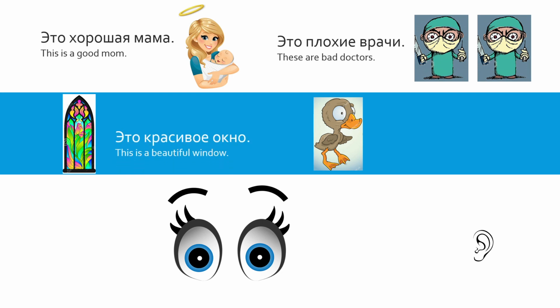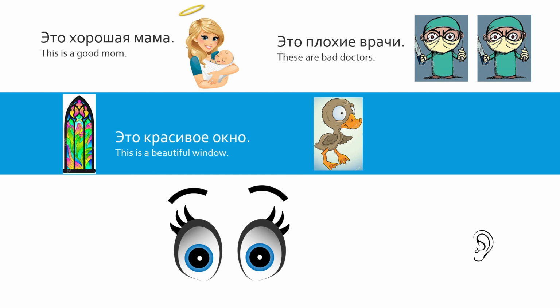This is a beautiful window. And when I say if you remember from past videos, I think it was in one of the previous videos we used window as an example. I could be wrong though. It could be completely new to you. But now you know. Window is a neutral object. Это красивое окно.